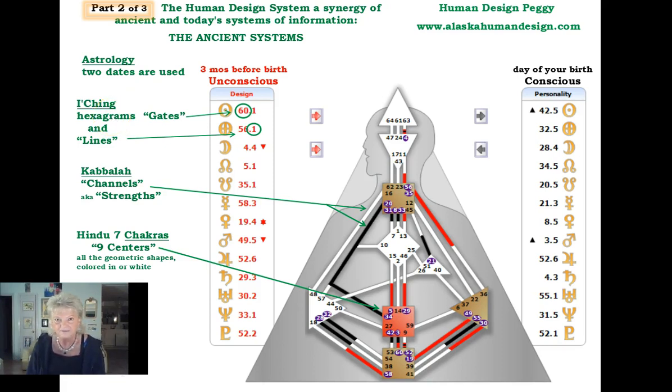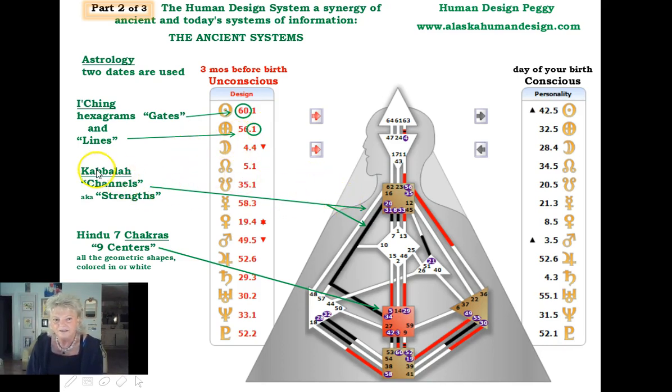Every hexagram has 6 solid lines, or 6 broken lines, or some variation of those. And all those lines, that's what these decimal point numbers are about, right here. .1, .4, .3, whether it's here in this column of unconscious or it's in the conscious column. Those are lines, and that's a deeper level of the I Ching information.